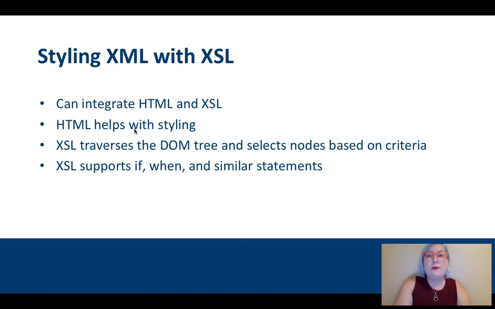Having all those different labels and being able to select them using XSL is really valuable, because with XSL we can say, we're going to select particular areas based on the criteria that we're establishing, and then use that criteria to determine how we style different sections of an XML document. The other cool thing is that XSL supports if, when, and similar statements. So you can do a lot more with it than you can with CSS, which is much stricter in the way that you can apply style.